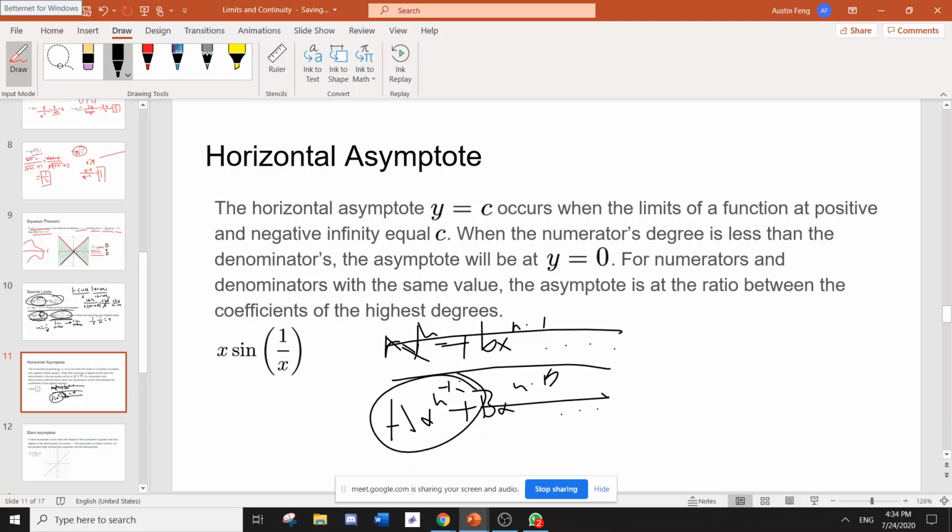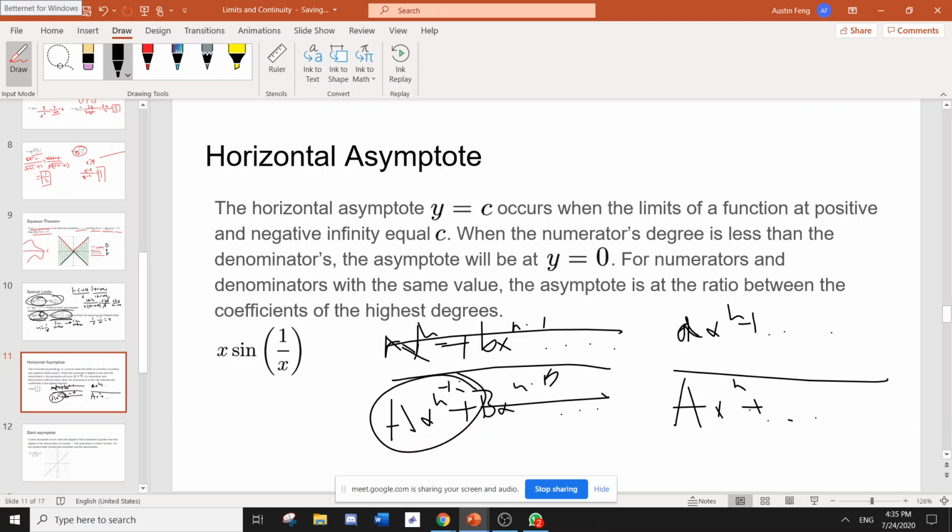And for numerators and denominators with the same degree, the asymptote is the ratio. So let's prove this. We have ax^n plus dot dot dot, and then we have capital A x^n plus dot dot dot, right?